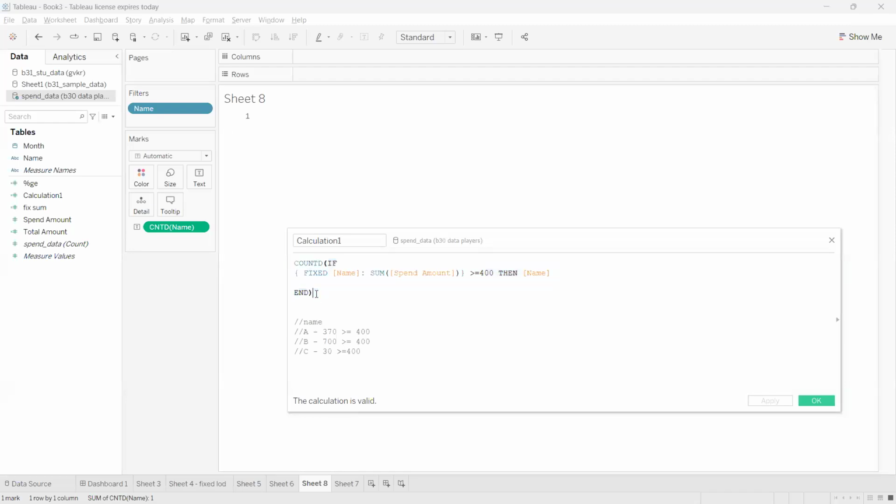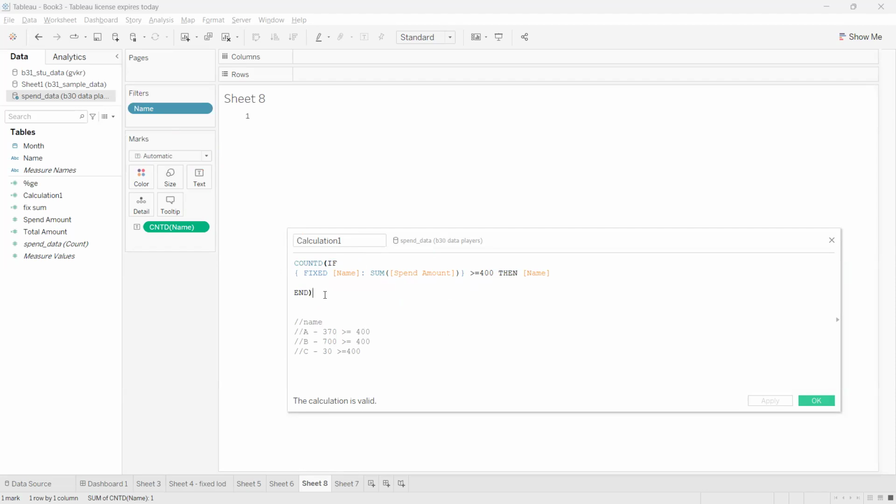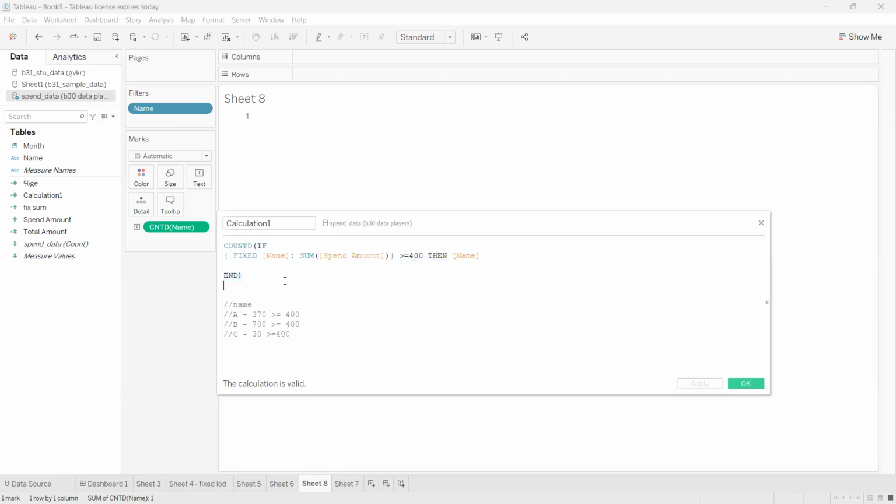The fixed LOD has to go through each and every person and fix the aggregation, which will take some time. So whenever possible, go for direct calculations only. Whenever it is not possible, go for fixed LODs. Fixed LOD is the last preference we should give, since we can achieve the same requirement with the help of other options also.